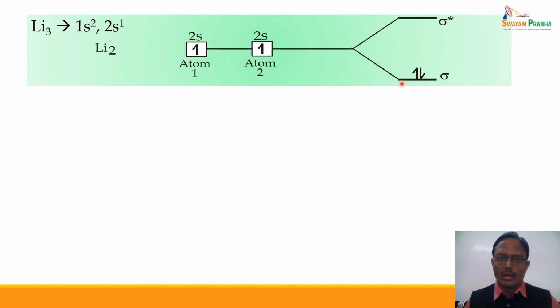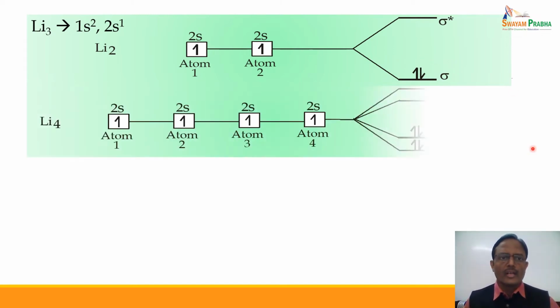But if there are four lithium atoms combining together, they will lead to formation of four molecular orbitals, two sigma orbitals and two sigma star orbitals. Since there are four electrons, they will be filled in the sigma orbitals, while the sigma star, that is the anti-bonding molecular orbitals, will remain vacant.